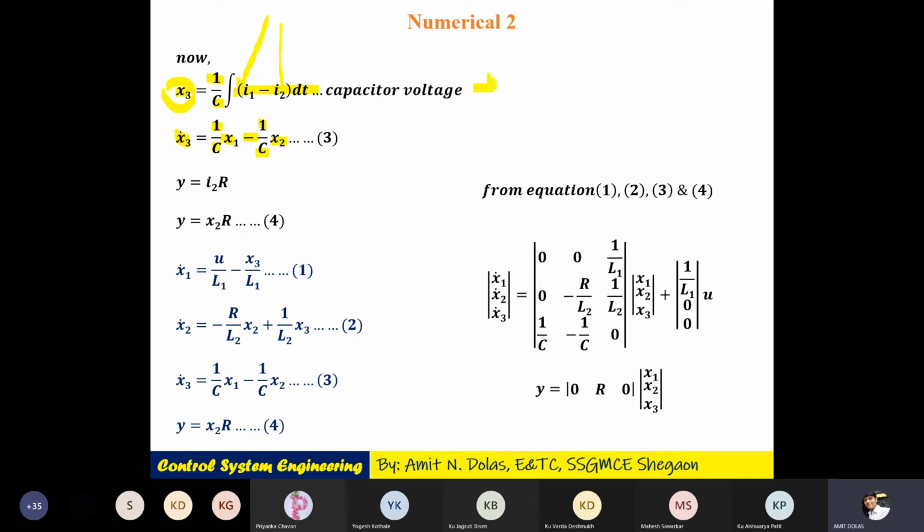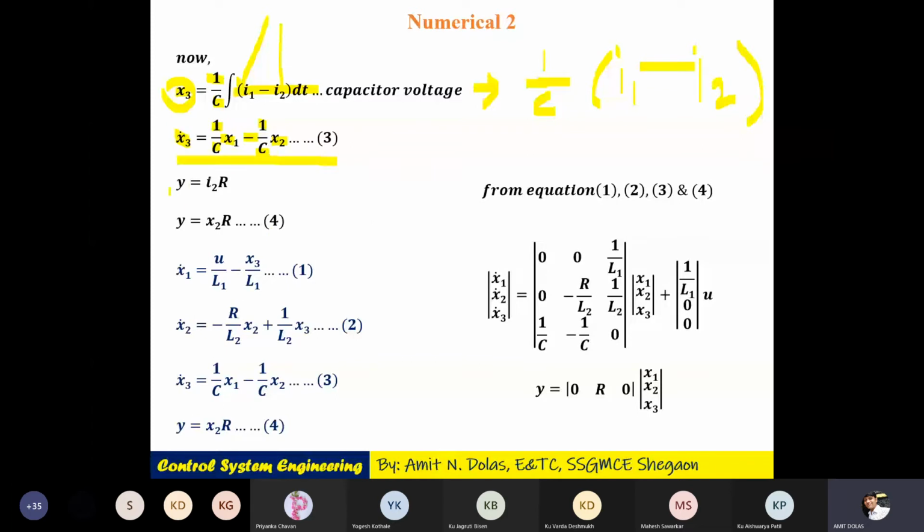If someone does not understand, we may write it as 1 by C after derivation: 1 by C in brackets I1 minus I2. And we know I1 is nothing but x1, I2 is nothing but x2, and combining this you get x3.